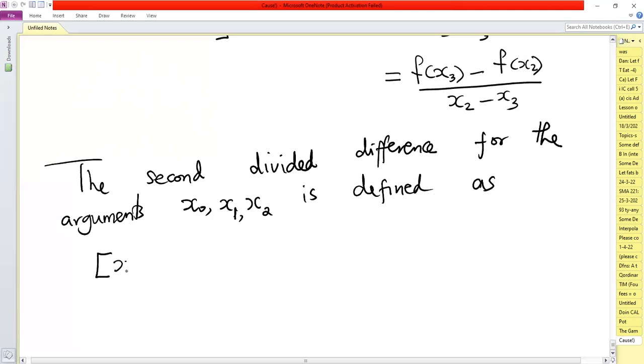So this is how we write the second divided difference of the 3 arguments x0, x1, x2.